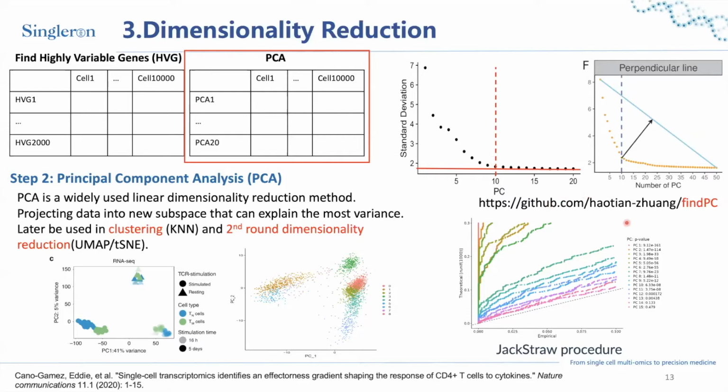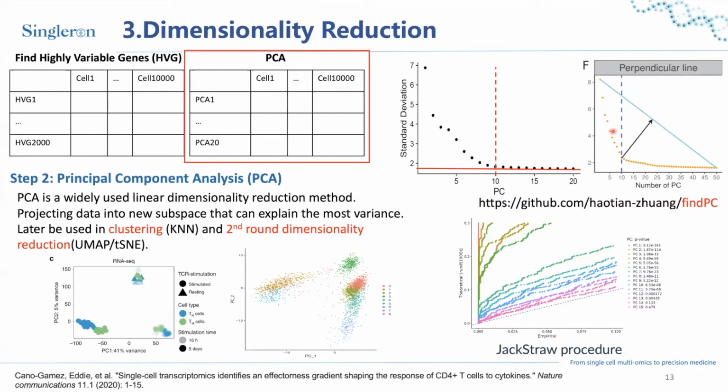Here I would suggest you use some toolkits. For example, here is a tool called findPC, developed in R, and it has many built-in methods to automatically choose the PC number. For example, the suggested one is called perpendicular line.